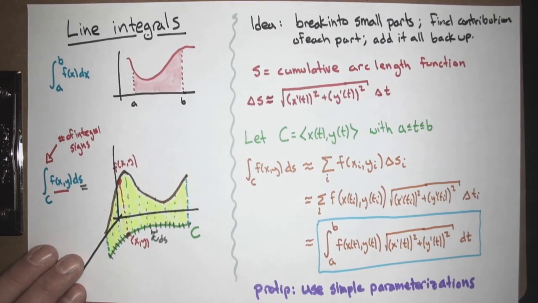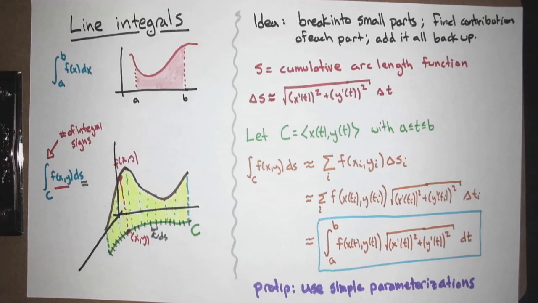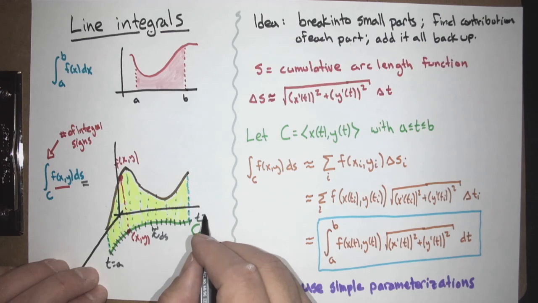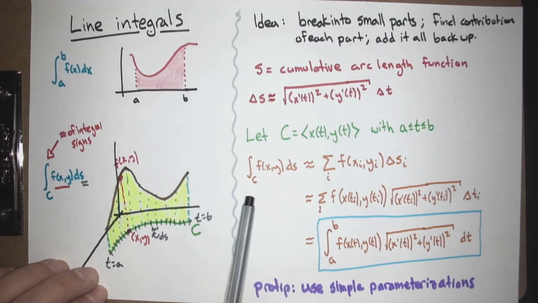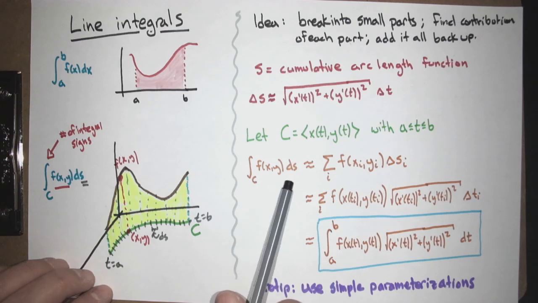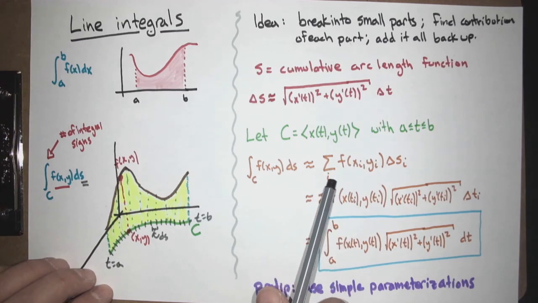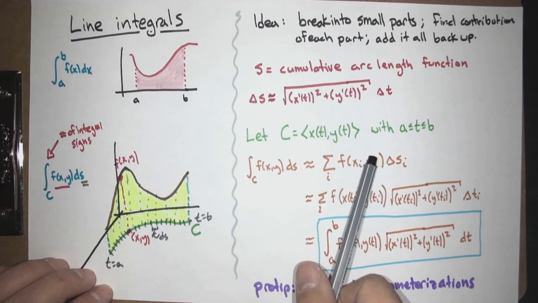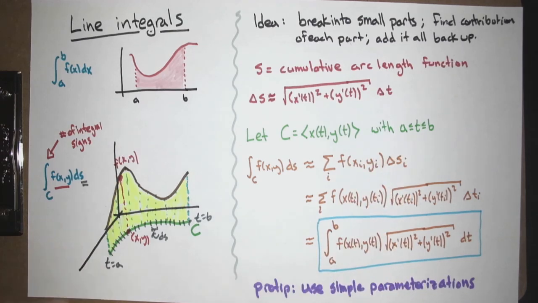Okay, so here we go. We have our curve. We're going to tie it to a parameterization, x of t, y of t, where t starts and stops at a and b. So we can say maybe the start we'll put here is t equals a, here's t equals b. Then the total, we'll call it area for now, is you add up, break it into pieces, the height times the width.